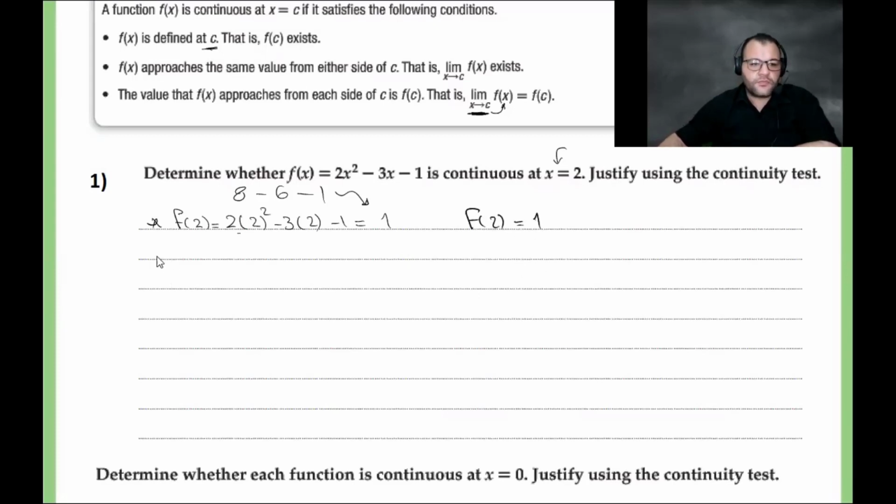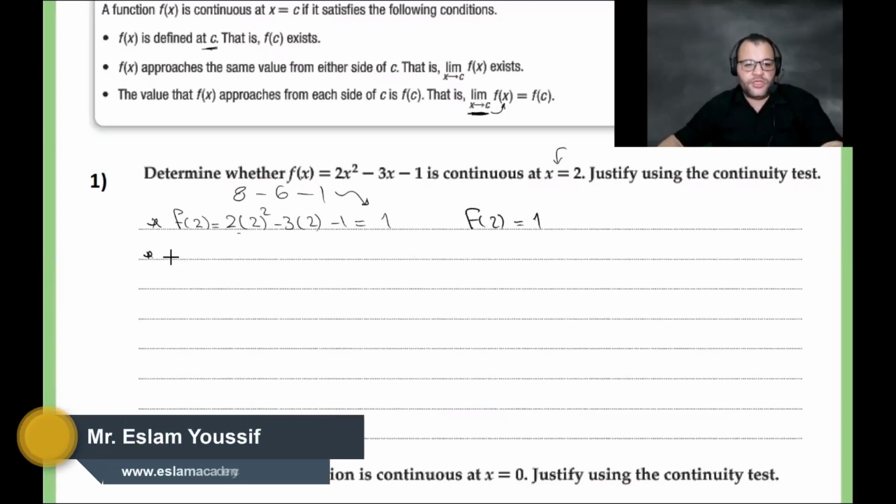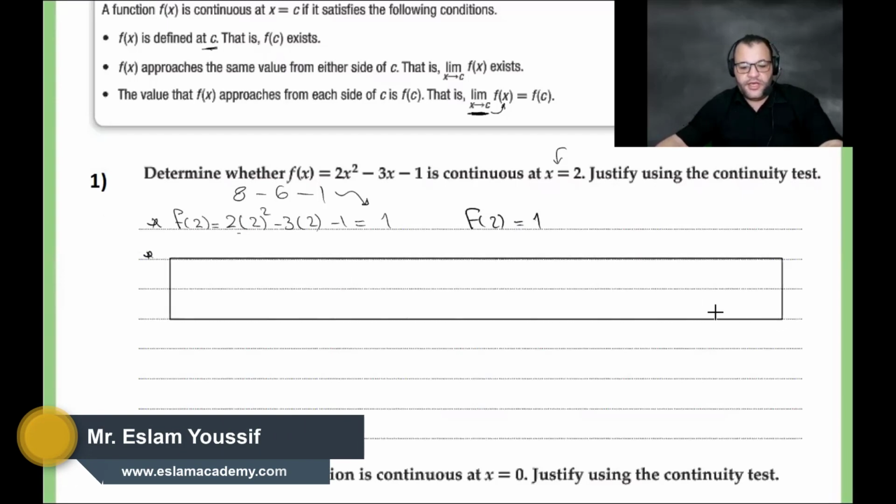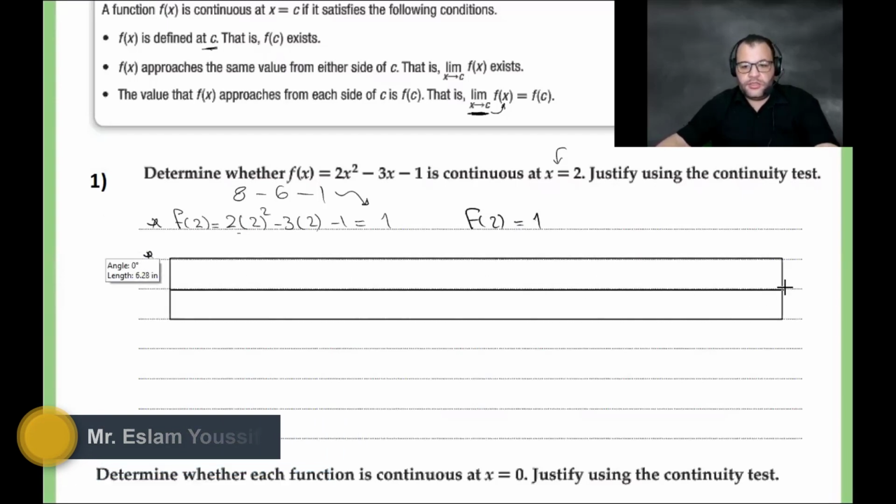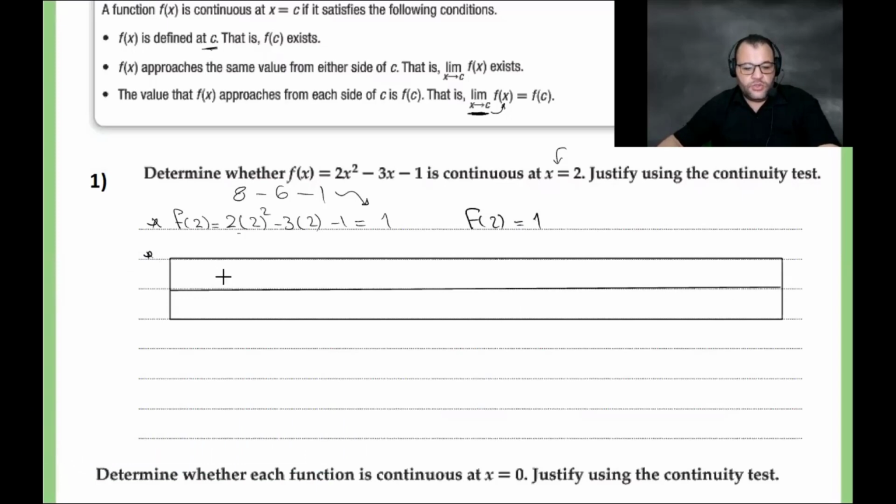Okay. Now we need to check from the left side and from the right side. How can we check for that? That is the table that we have, and we need to divide it. So we have the value of x and f of x. At the middle we need to check for 2, and when 2 is at the middle, the value now will be 1.